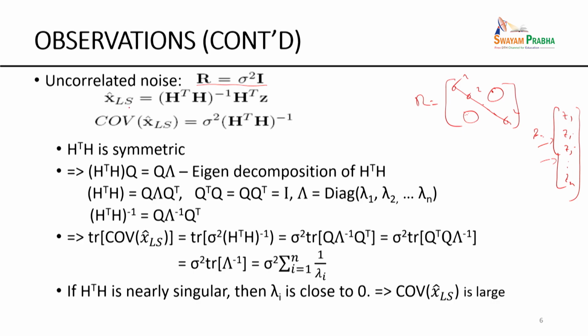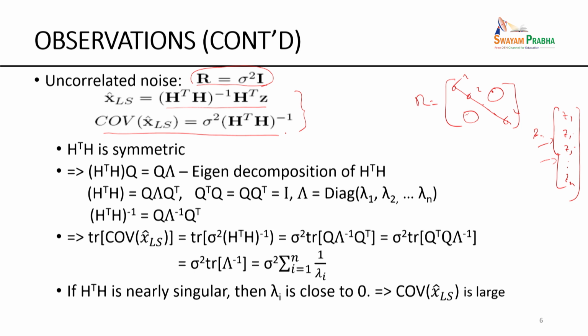In this particular case, x LS is equal to the value of the least square estimate in the unweighted case. So when the noise is uncorrelated, when the diagonal elements are the same, I get the old deterministic result.